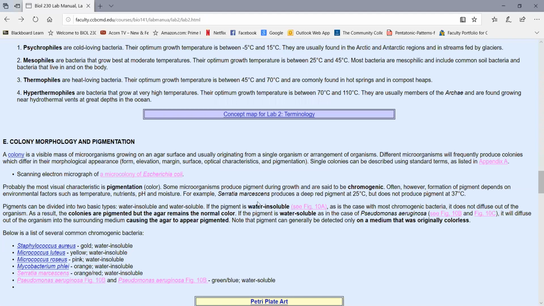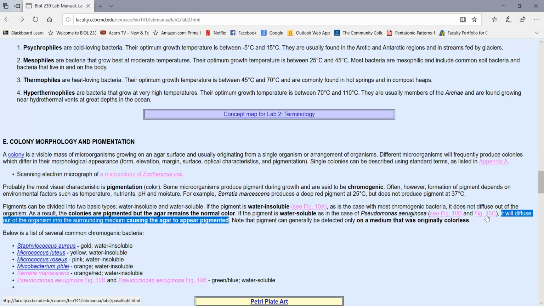Now, on the other hand, if the pigment is water soluble, then the pigment diffuses out of the organism since it's soluble in water and diffuses into the surrounding medium, causing the agar to appear pigmented. And a classic example of that we'll use several times during the semester is Pseudomonas aeruginosa.